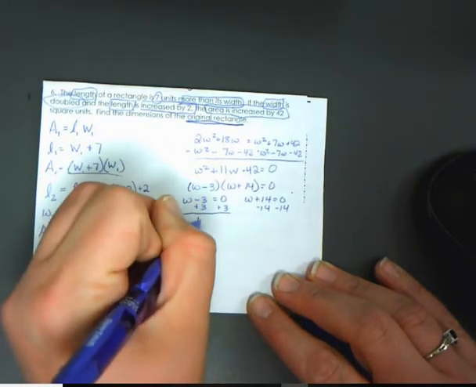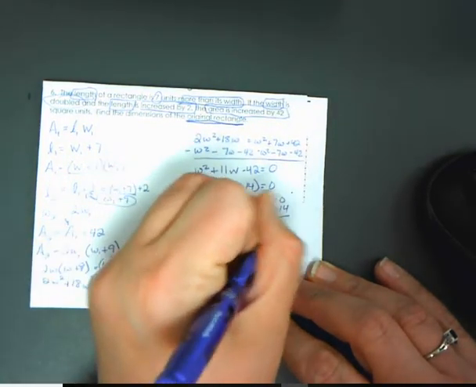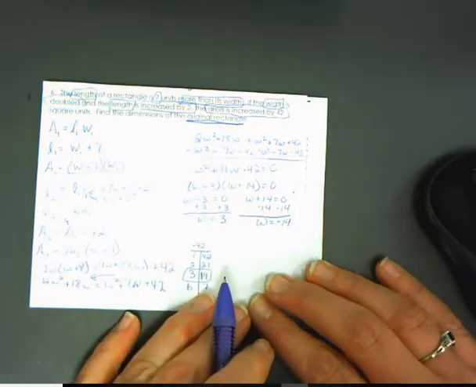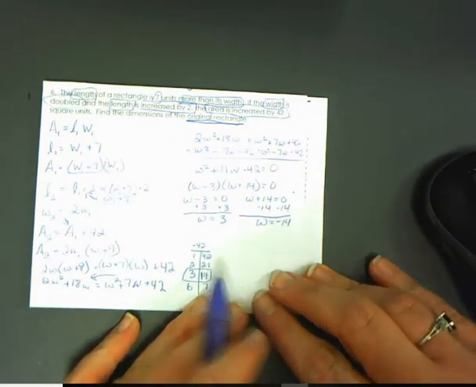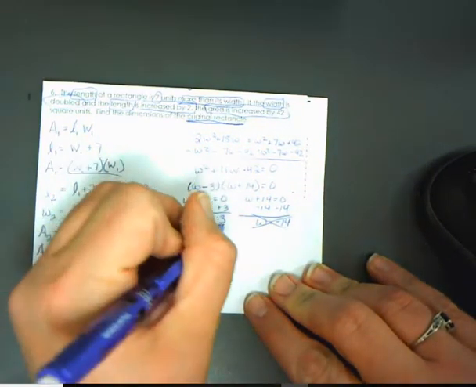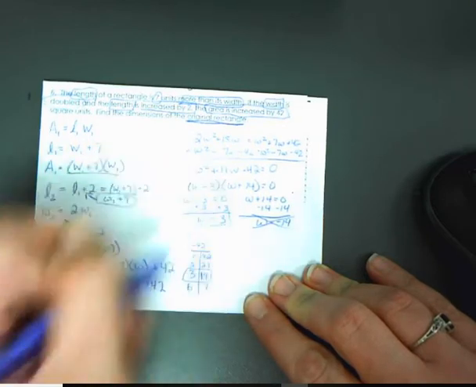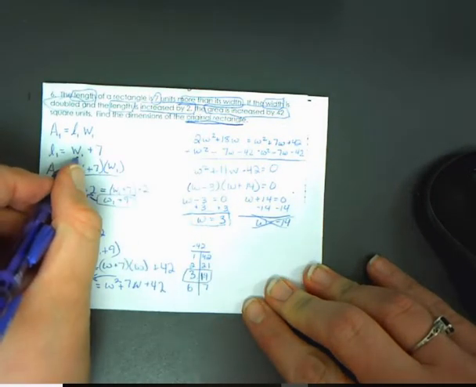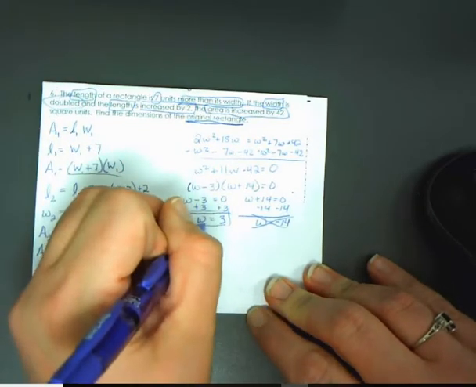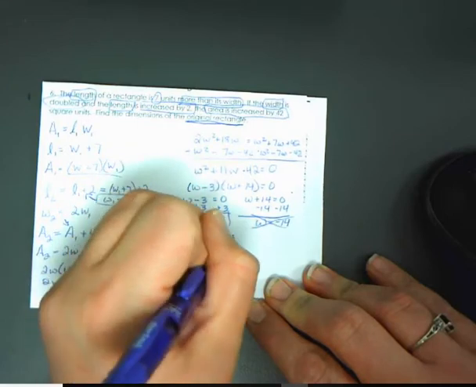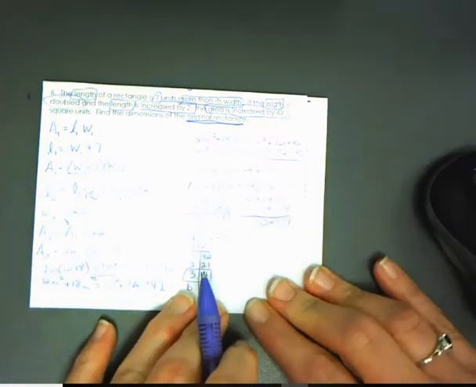And that's going to give me W equals 3 and W equals negative 14. And again, we can't have a negative width, so we don't care about the 14. We only care about the original width of 3. And our original length was W1 plus 7. So if W is 3, length is 7 plus 3, and that's 10.